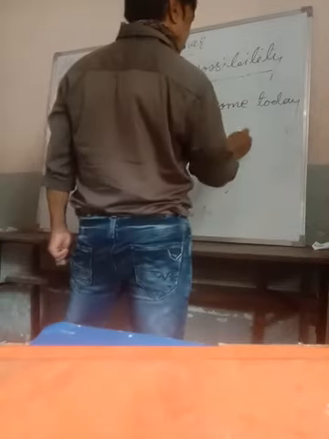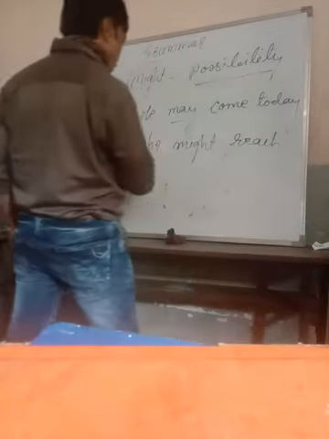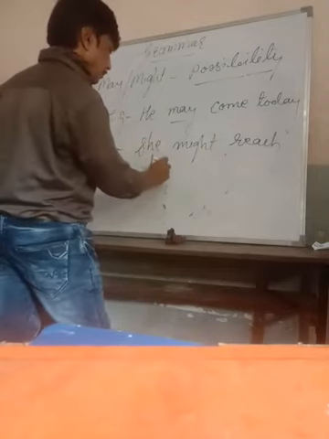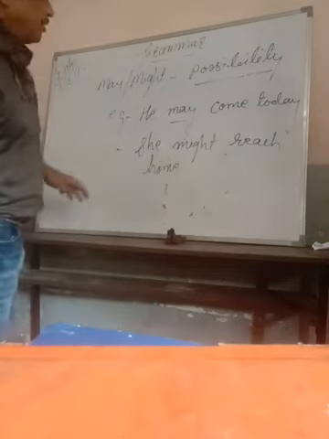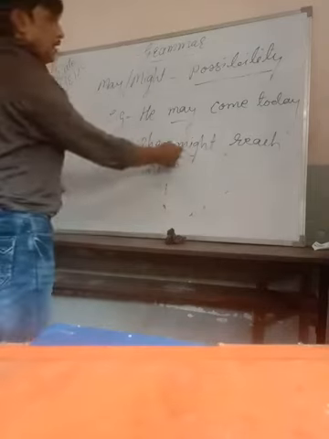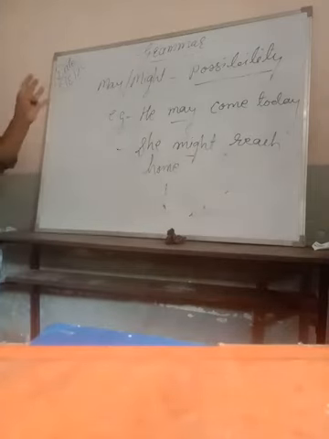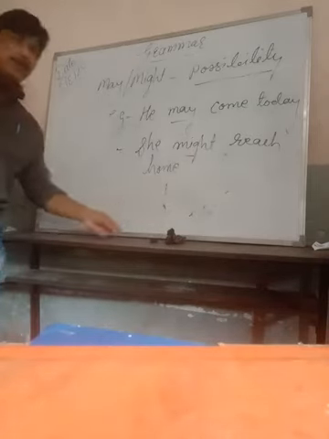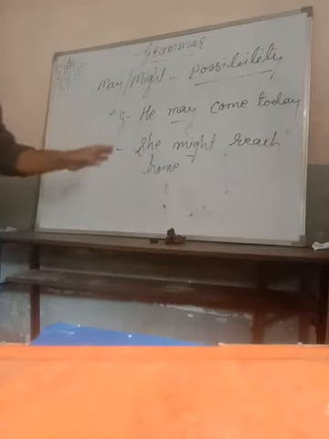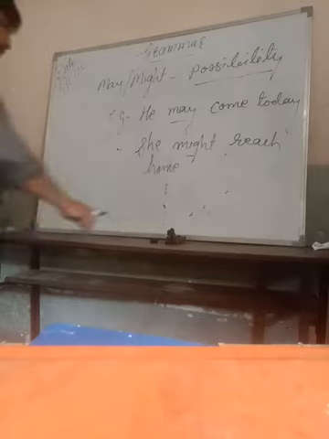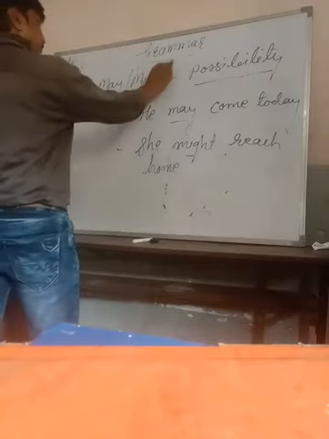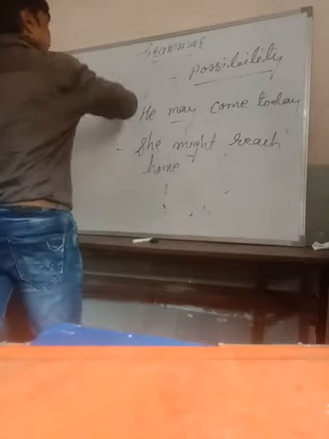She might reach home. She might reach home. Here also the possibility is shown. Like this. So look now, possibilities. Two sentences we took here. Now another thing is that I am going to show you another example. So may, might are over.